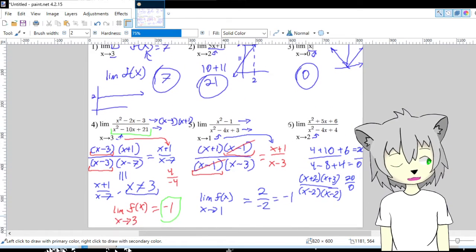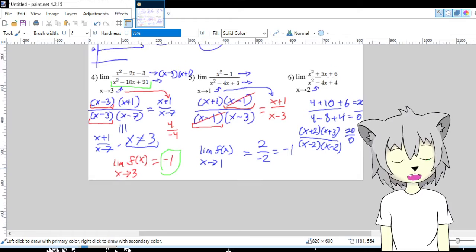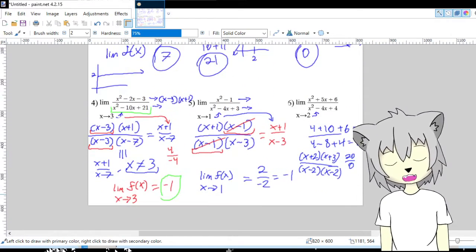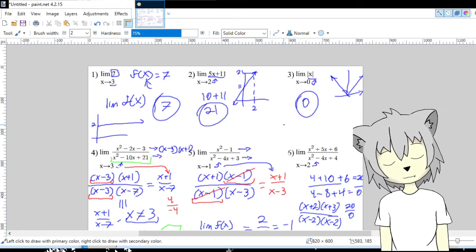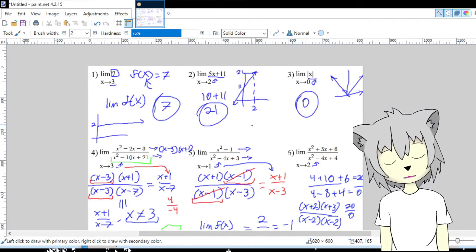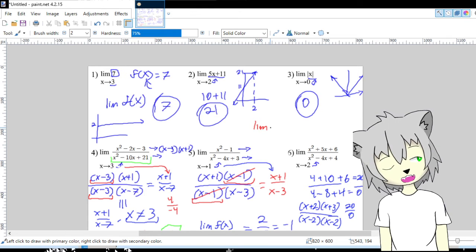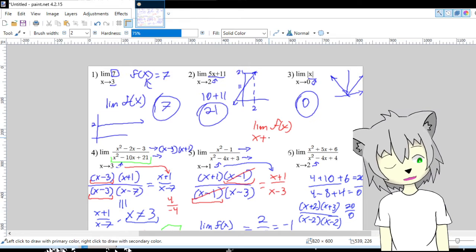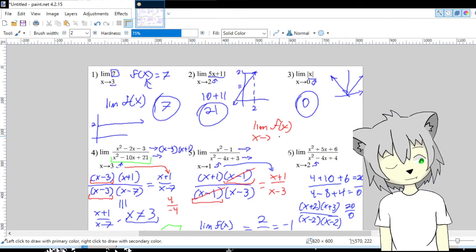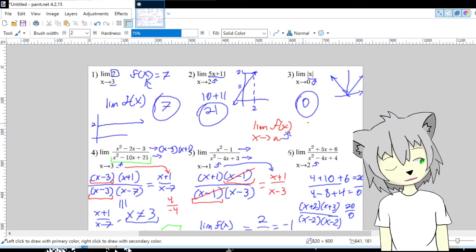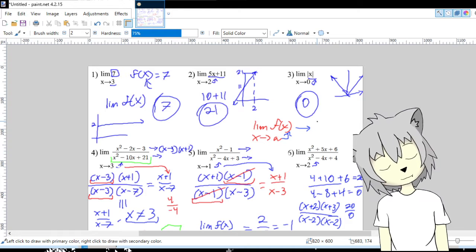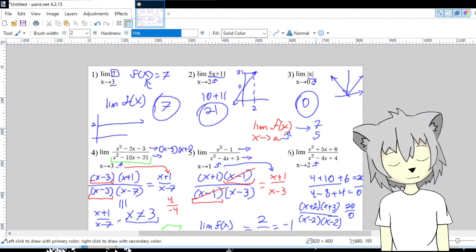So basically, how would I put this? In order to solve limits in general, I don't know how else to put it, but if you're given a limit of f of x as x approaches something, just call it a, you can generally just plug a straight in, and if it ends up being an actual number, like 7 or 5 or whatever, that's just the limit.